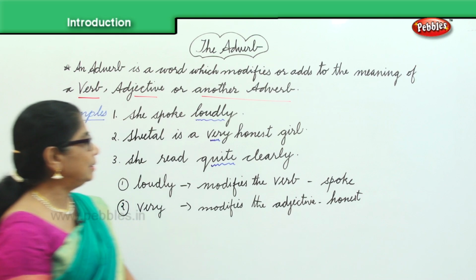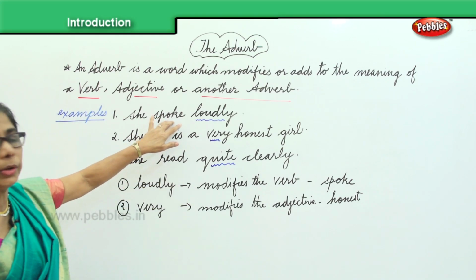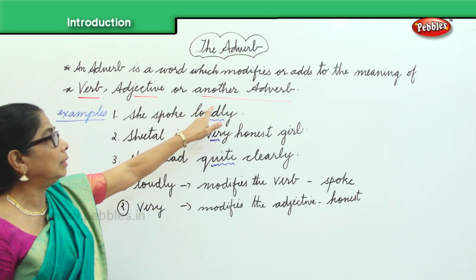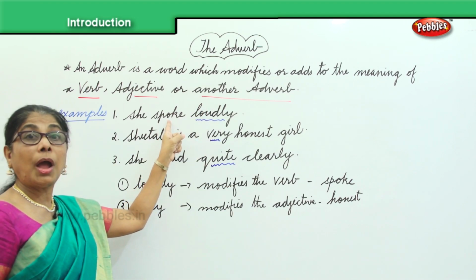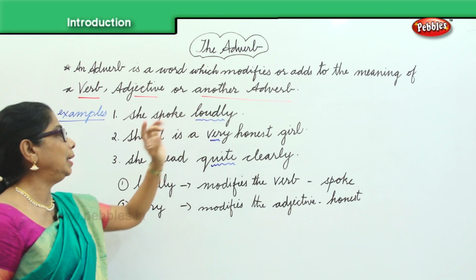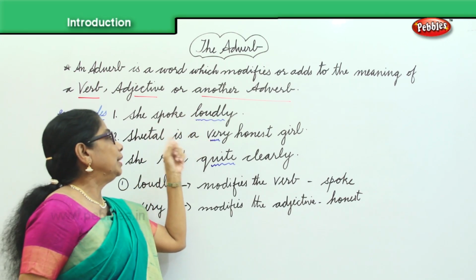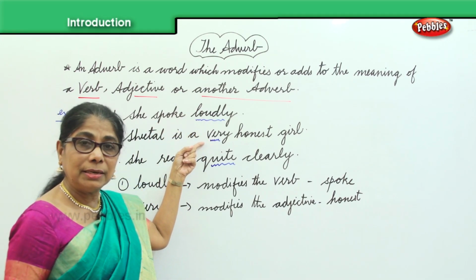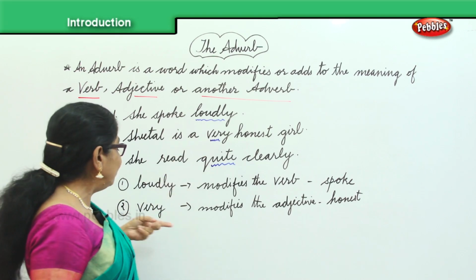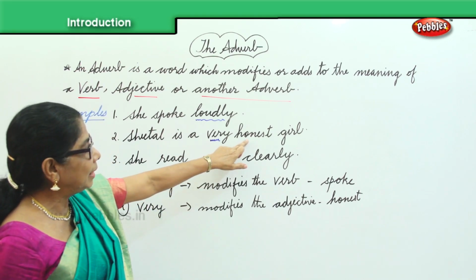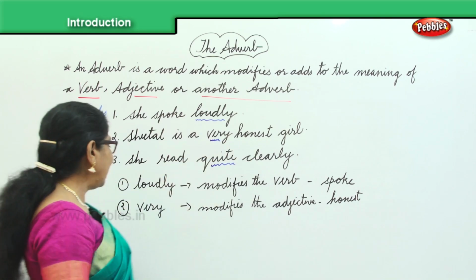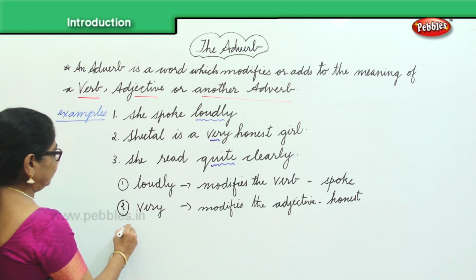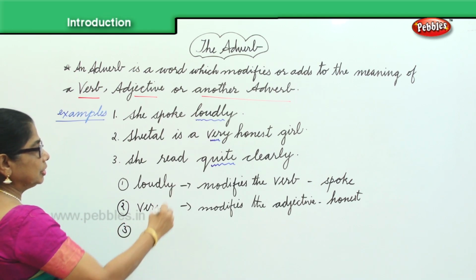In the first sentence, we have the verb spoke. So, the adverb modifies the verb spoke. How? Loudly. In the second, we have Sheetal is a very honest girl. So, the adverb very modifies the adjective. What kind? Honest girl. And in the third sentence, we have quite.